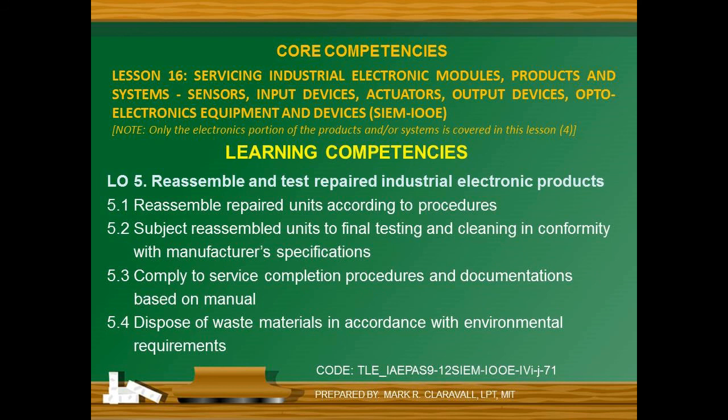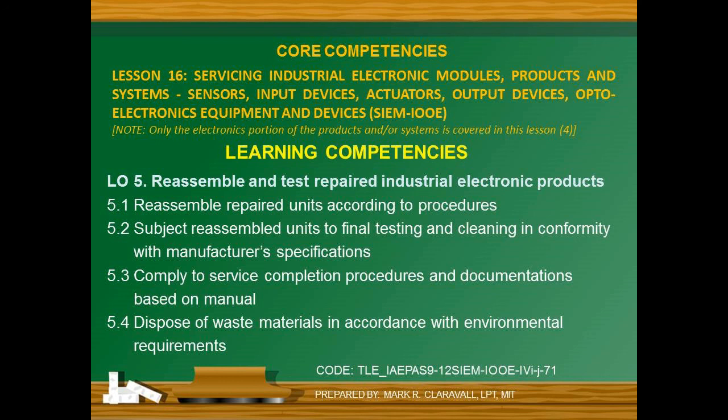Learning competencies. Learning outcome number 5, reassemble and test repaired industrial electronic products. Learning outcome number 5.1, reassemble repaired units according to procedures. Learning outcome number 5.2, subject reassembled units to final testing and cleaning in conformity with manufacturer's specifications.